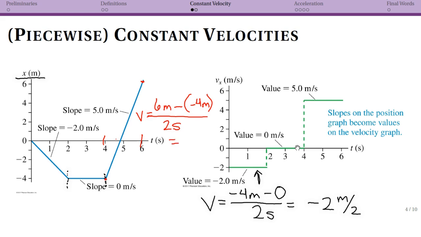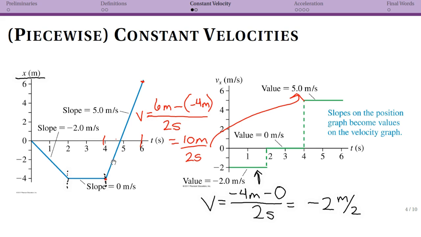And so 6 minus -4 is 10 meters over 2 seconds, which is just going to give you 5 meters per second. So please be careful and not just use the coordinate value, but really remember that you're looking at your rise, your change in your position, which here was actually 10 meters, over the time that that took, which in this case was 2 seconds.